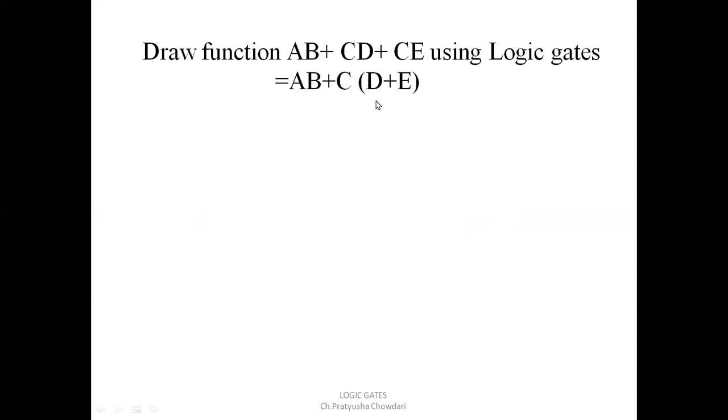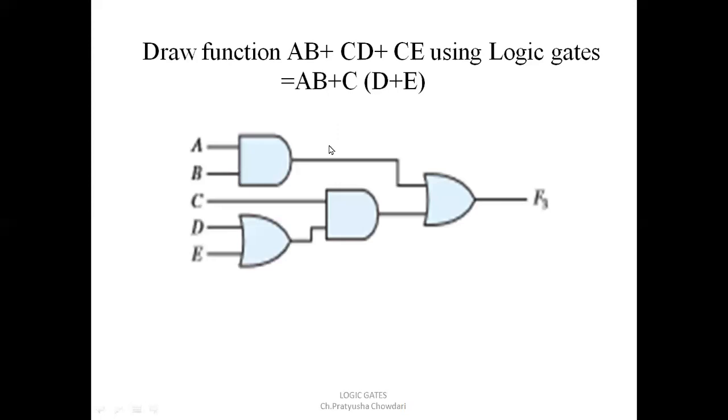Now I have a product term AB and a sum term D plus E, which is multiplied with C. Realization: using an AND gate, I can yield AB, and using an OR gate, I can get D plus E, and that is passed to an AND gate, and the other terminal of the AND gate is given to C. So now I have C dot D plus E, which is ORed with the product term AB. So this is the circuit diagram of the expression AB plus C into D plus E.